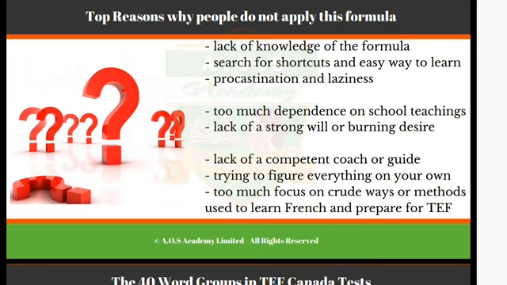Now, too much focus on crude ways or methods used to learn French and prepare for TEF. A lot of people are still waiting to get a degree. Even with a university degree in French, I've seen French graduates from Nigerian universities that have not yet learned French competently. They have not learned it fluently. Yes, this is based on my own experiences.